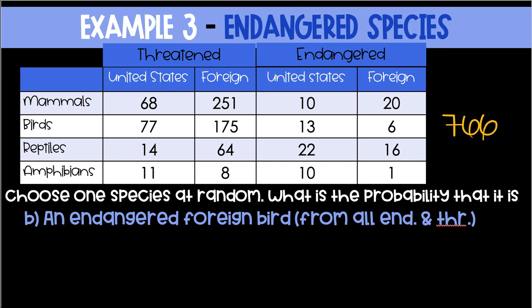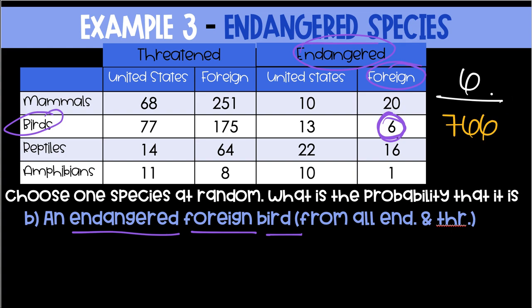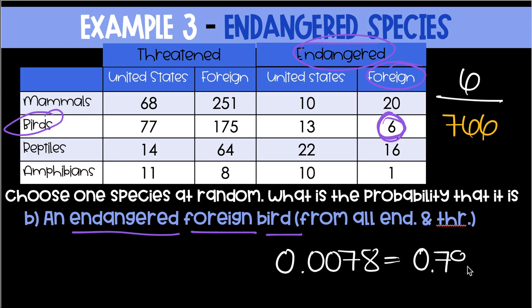What we want this time is endangered foreign bird, which is right here, only 6. What I want divided by what I can get. 6 out of 766 gives me 0.0078, which in percentage form is 0.78%.